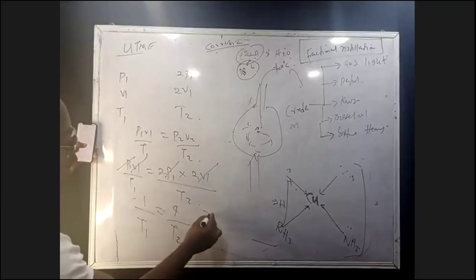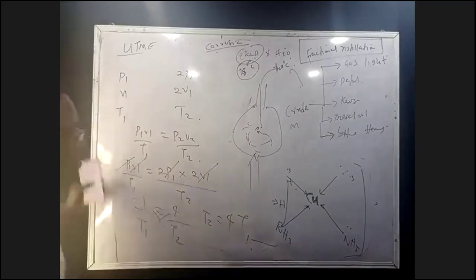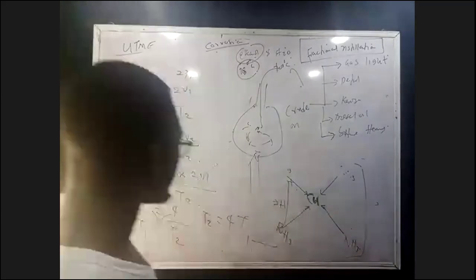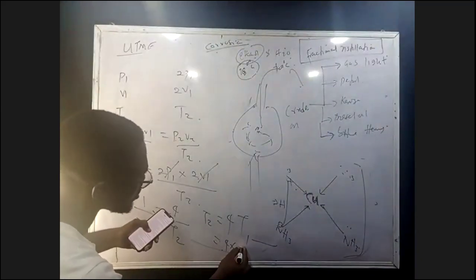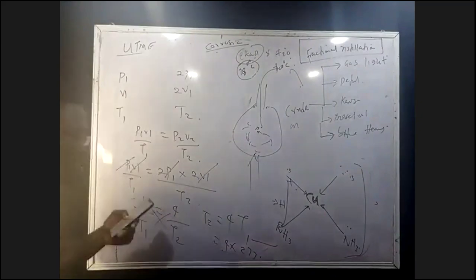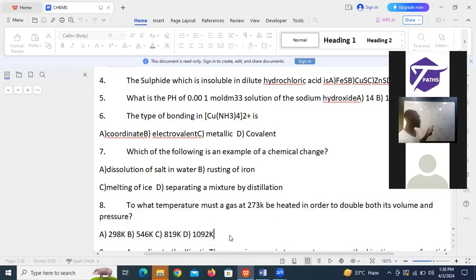When you cross multiply, T2 is 4 T1. The initial temperature is 273. So 4 times 273 will be the answer, which is 1092. So that's option D.